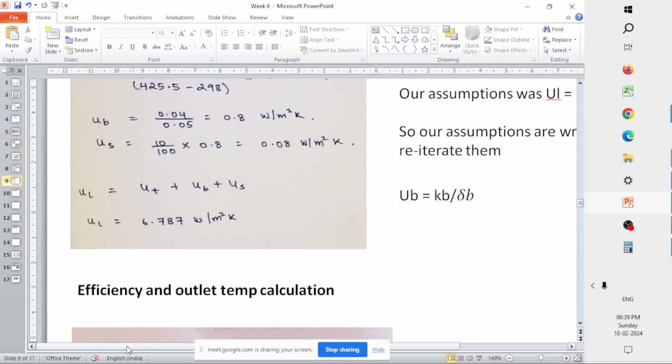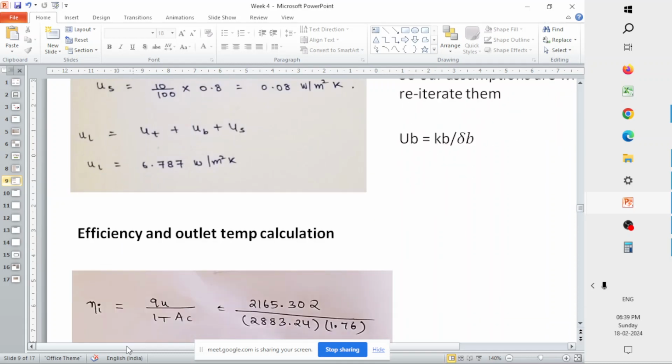You assume another value of UL, another value of TC1 and TC2, and if the final value you calculated at the end and the value you assumed initially are the same, then you can consider these your final UL, TC1 and TC2.